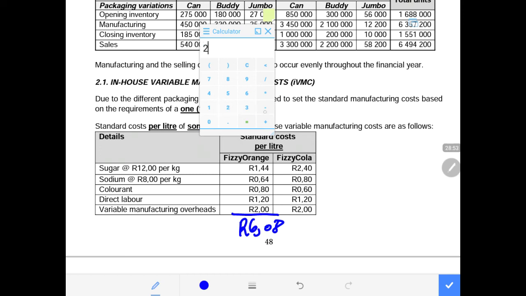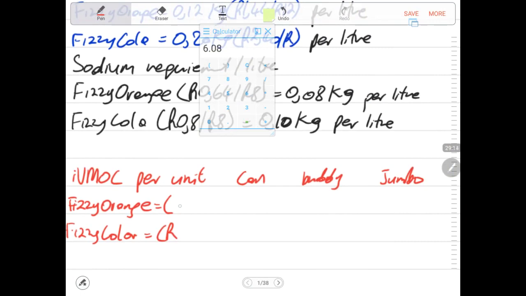Just verify that: 2 plus 1.20 plus 0.80 plus 0.64 plus 1 rand 44 cents, that is 6 rand 8 cents. So now the 6 rand 8 cents is the in-house variable cost per liter. I want it per unit of a can, per unit of a body, and per unit of jumbo.